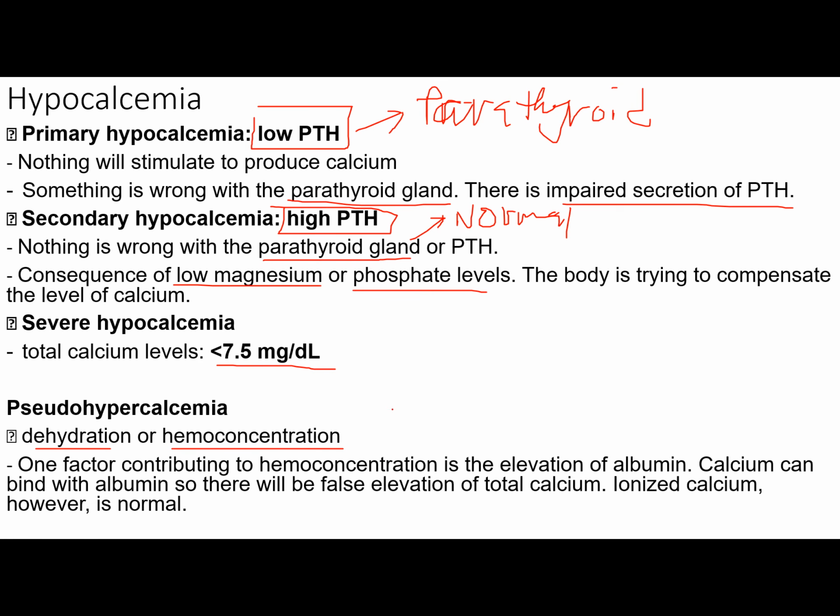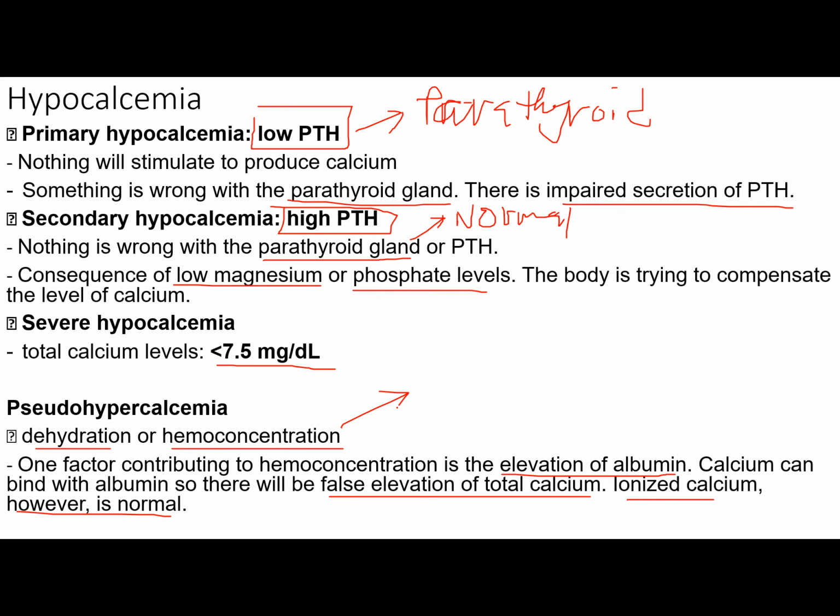Hemoconcentration class is wherein your sample or your plasma is too concentrated. Marami siyang solutes present. And one factor contributing this is the elevation of albumin. So kapag madaming albumin sa blood mo, you could have hemoconcentration. Calcium would bind with albumin, so there would be false elevation of total calcium. Ionized calcium, however, is normal.